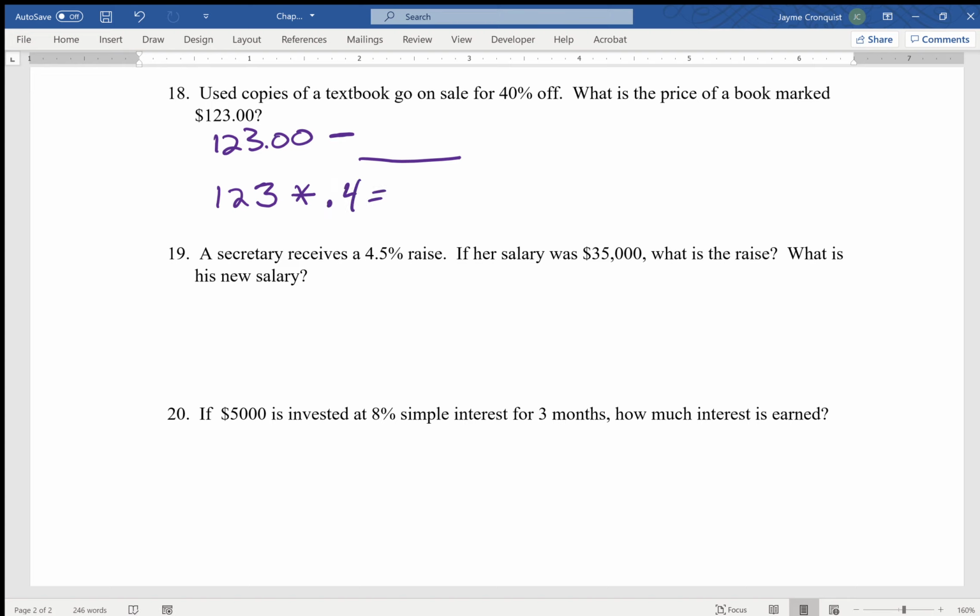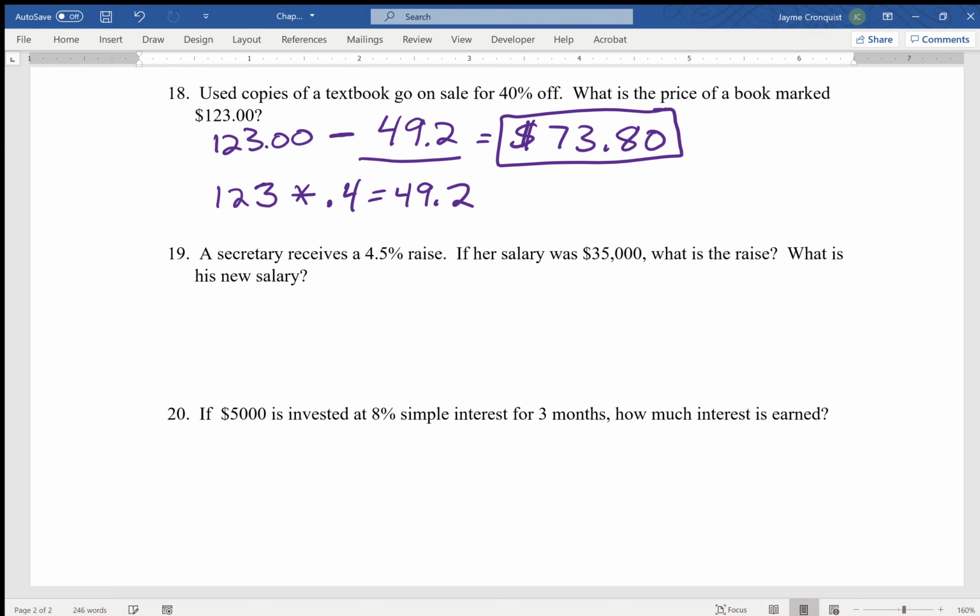That's the money we save. 123 times 0.4, 49.2. Okay, so we have to subtract $49.2. So 123 minus 49.2, we get 73.8. So $73.80. That is the price of a $123 book on sale.